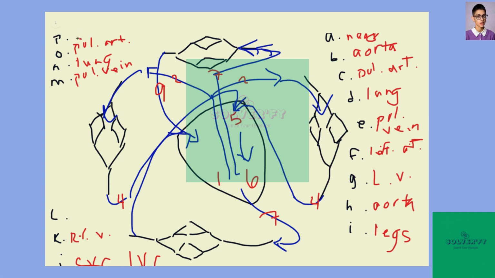And you can remember this because you just think about where it's coming from. So the superior means top, so it's coming from the top, and inferior means underneath, so that would mean the lower part of your body.